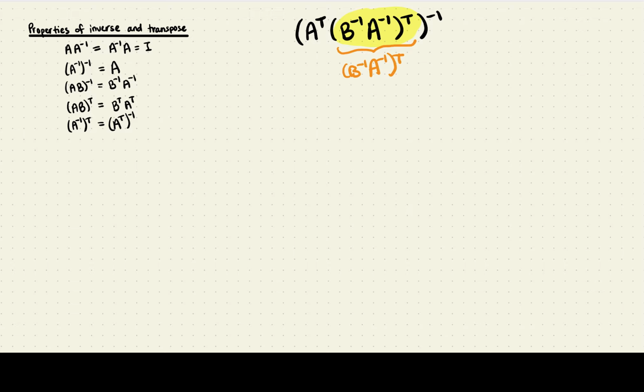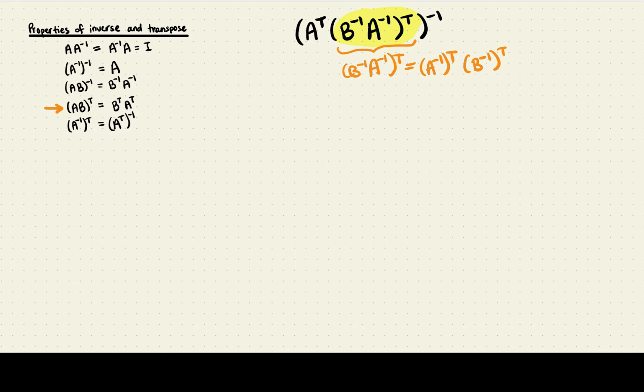For this, I'm going to use this third property, that if I want to take the transpose of a product, the product in this case being B inverse times A inverse, I just need to swap the order. So this is going to be equal to A inverse transpose times B inverse transpose.